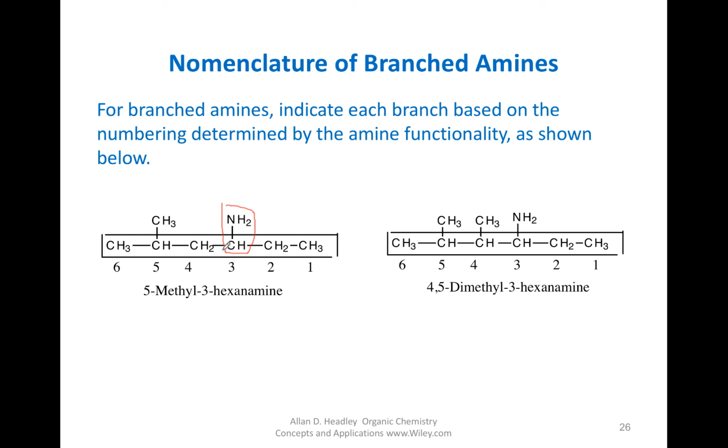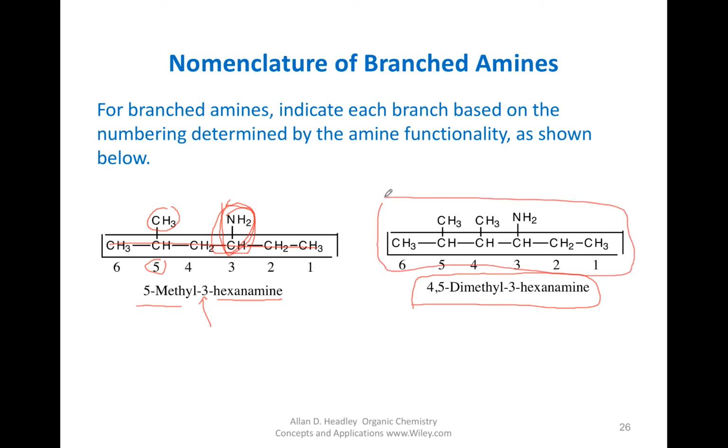So this is the amine. Start at this end. We have 6 carbons, so it becomes a hexanamine. We have to indicate the position of that amine. It's on carbon number 3. On carbon number 5 is a methyl group, so it's 5-methylhexanamine. Try this again. Write this on a sheet of paper and see if you can come up with a structure, and then check to see if that's the structure you came up with.